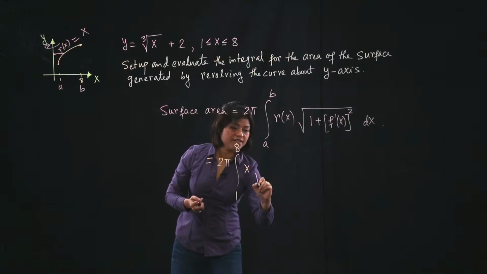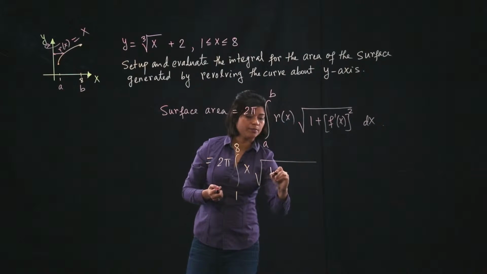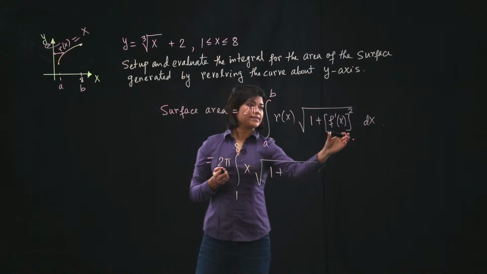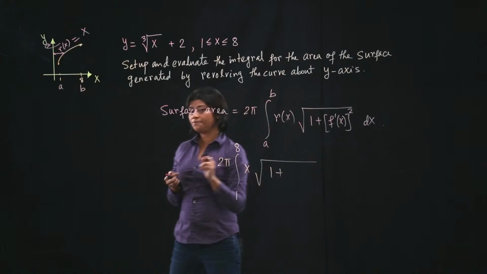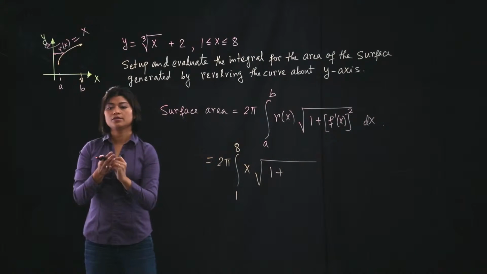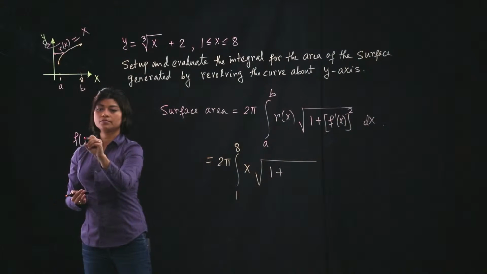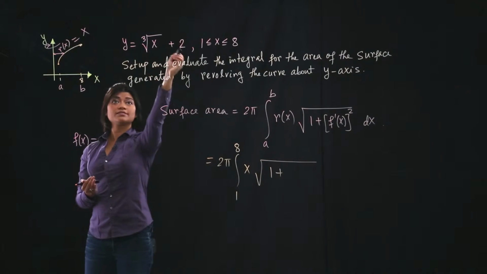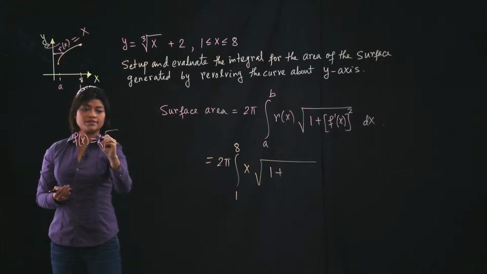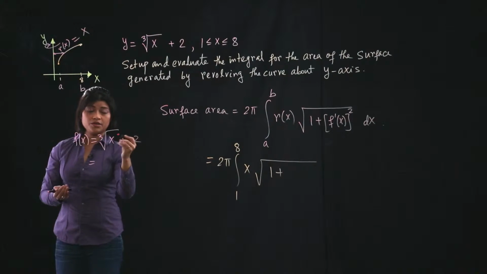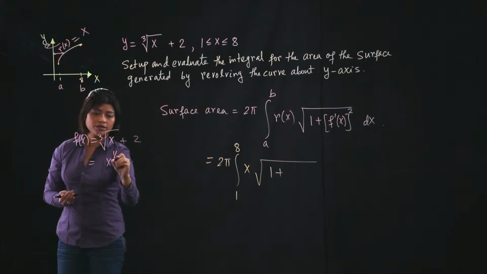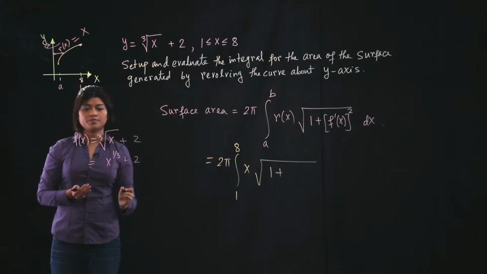Okay, now inside the square root, we have 1 plus the second term, which we have to figure out also. So we have to find the function. Let's come back here. What is our function? The function is cube root of x plus 2, or you can rewrite as x to the power 1/3 plus 2.